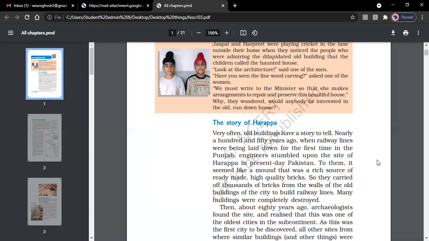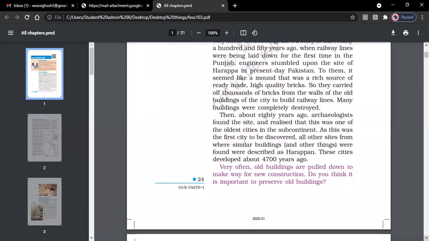See, here is the answer: oldest cities, subcontinent, currently in Pakistan. This is another major question you get, but this is a very short answer type question, and the above question, as we discussed, will be for 2 marks. Don't worry, I will share all the questions.